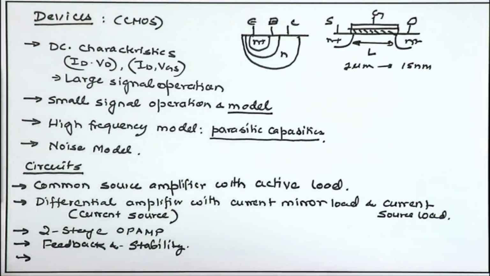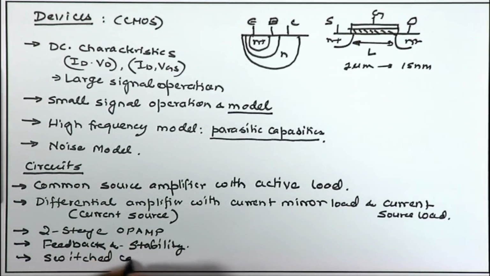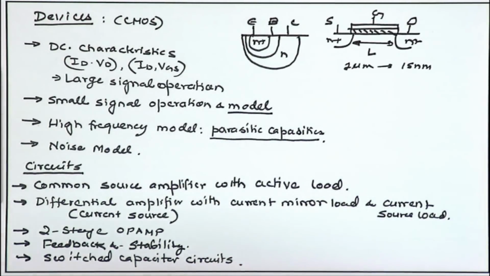Another topic that may be essential to cover at circuit level before we go towards the blocks is switched capacitor circuits, which basically deal with some special kinds of circuit techniques which can be very useful while dealing with practical analog front end design.